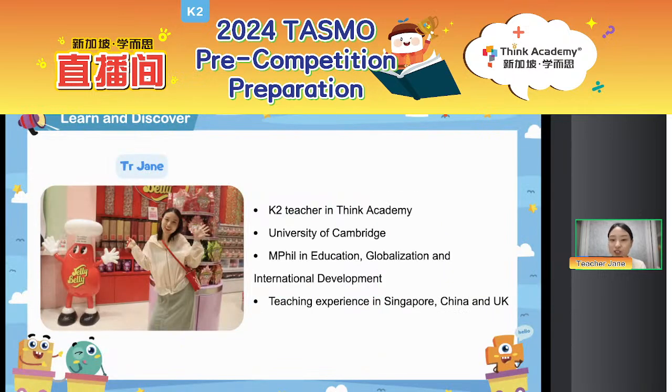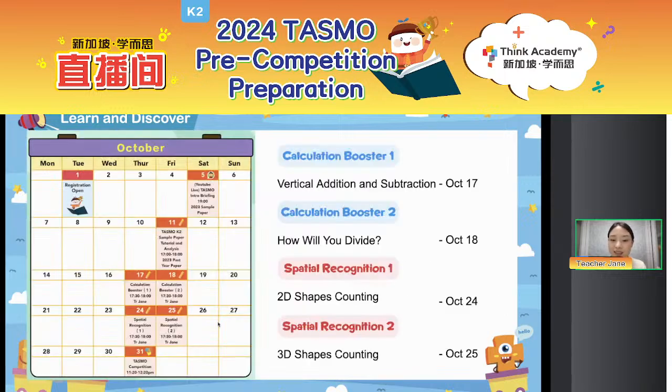Today, it is still Teacher Jane that will learn together with all of you, and we can see this is already the last lesson for our TASMO preparation. Today is the second lesson about the spatial recognition, and next week, we will have our TASMO computation. Before that, everyone, make sure you've already received the confirmation email, and you do remember to print your entry proof, okay?